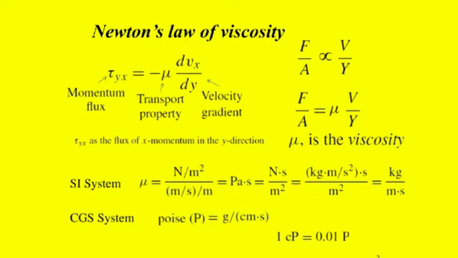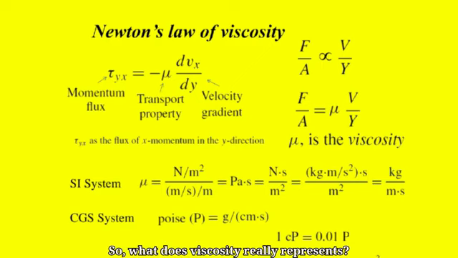Here we can use a conversion which can be stated as 1 Pascal second is equal to 10 poise, equal to 1000 centipoise. For reference, water at room temperature has a viscosity of 1 centipoise or 0.01 poise.